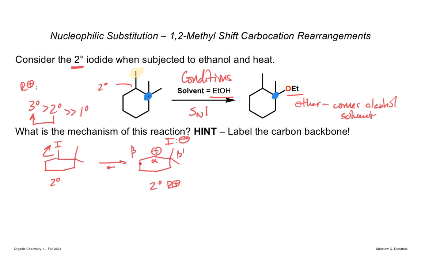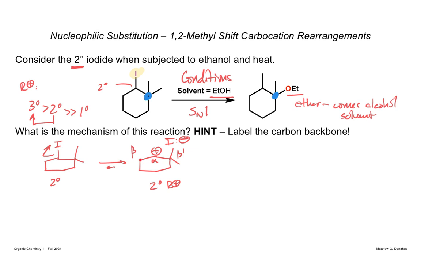It also has this bond here, which I'll call an alkyl group. And then beta prime has methyl, methyl, and an alkyl group. So in the flow of this, we're really looking for an H, a methyl, and then maybe if the situation arises, an alkyl group shift.